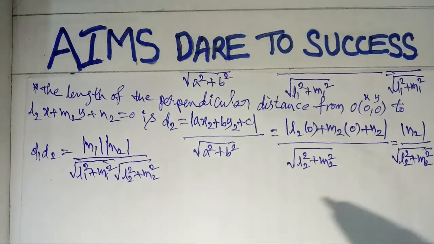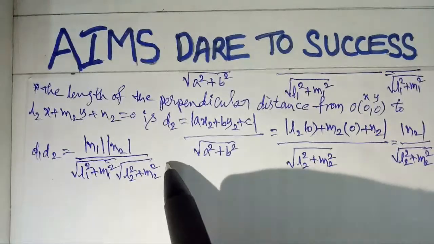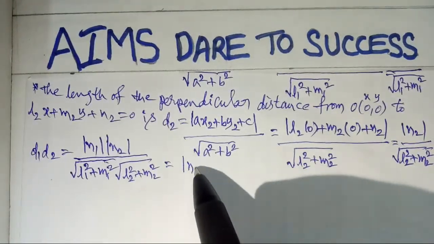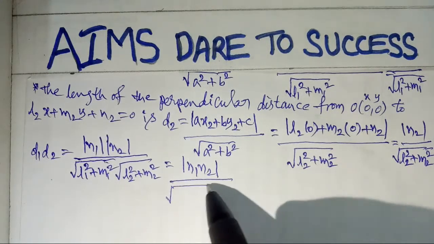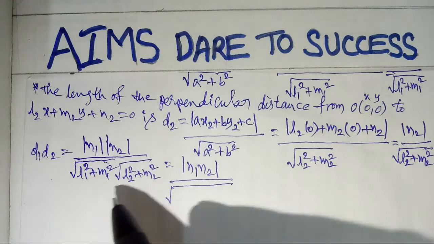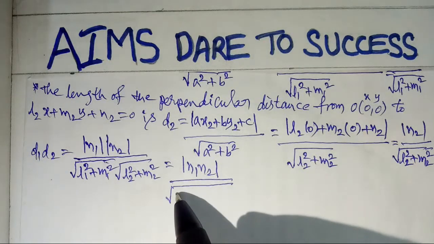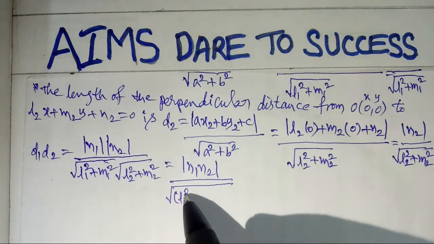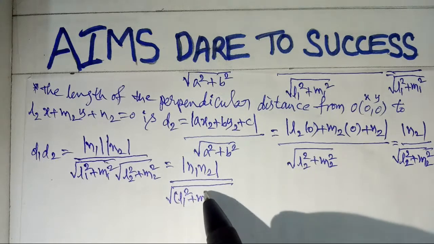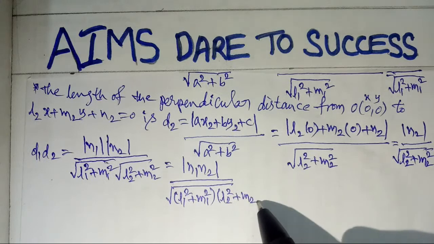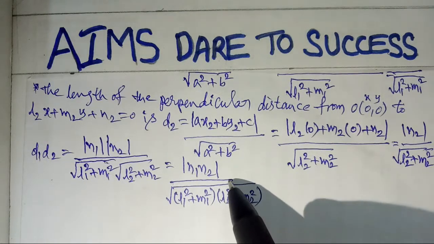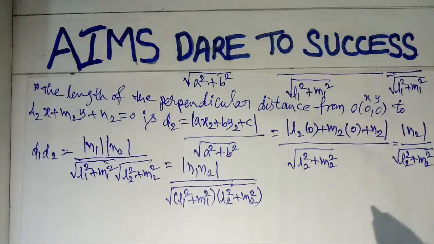So mod into mod, at a time you can write only one: mod n1 n2 divided by root over root. a into root b is root of a into b. At a time only one root, that is root L1 square plus M1 square into root L2 square plus M2 square.